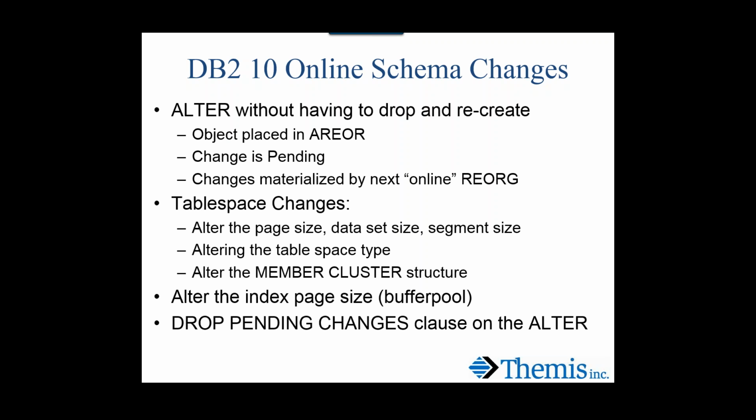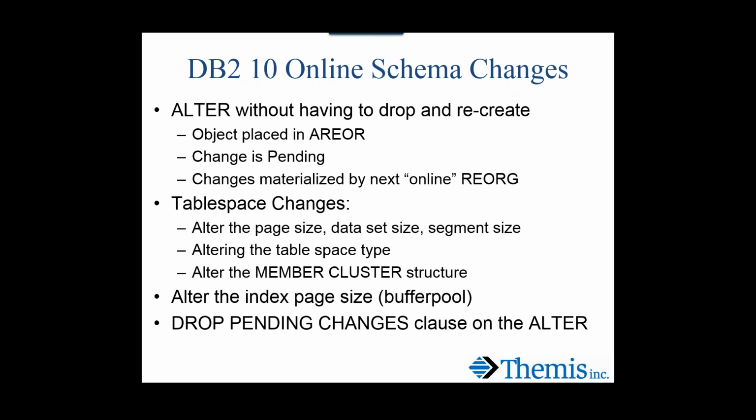Other things we could change in version 10: the page size, the DS size, the segment size of a universal table space, the member cluster attribute, the page size of a buffer of an index. Those kind of things were never online changes before. Most of them involve dropping and recreating the object.